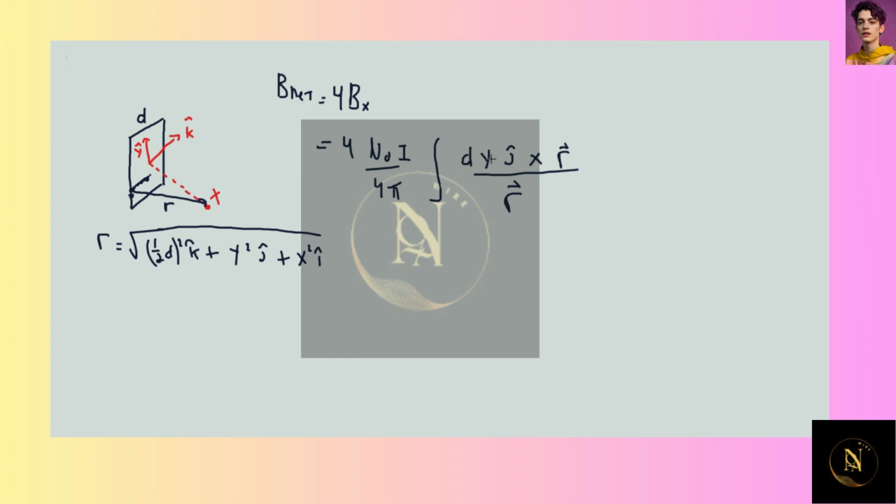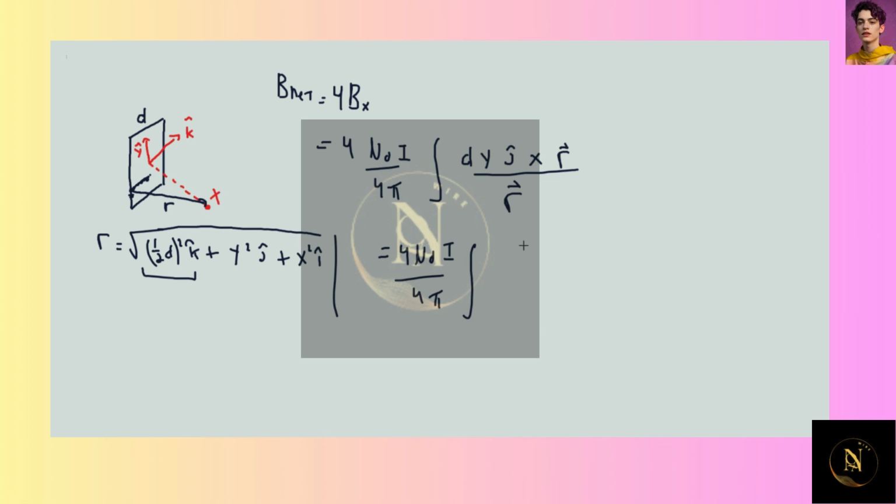When we do dy cross r here, all we care about is what's going to give us something in the x direction. All of these things will produce other components, but we know they're going to cancel out except for the x direction, so we don't even have to worry about them. The only component here that'll give us something in the x direction is this thing in the k hat direction. So we don't even have to worry about these. And so we say this is 4 mu naught I over 4 pi.